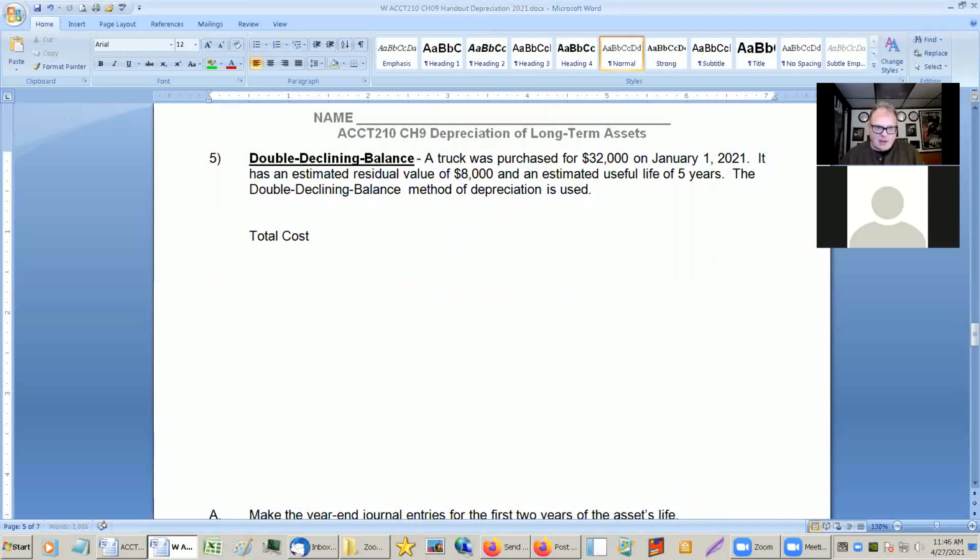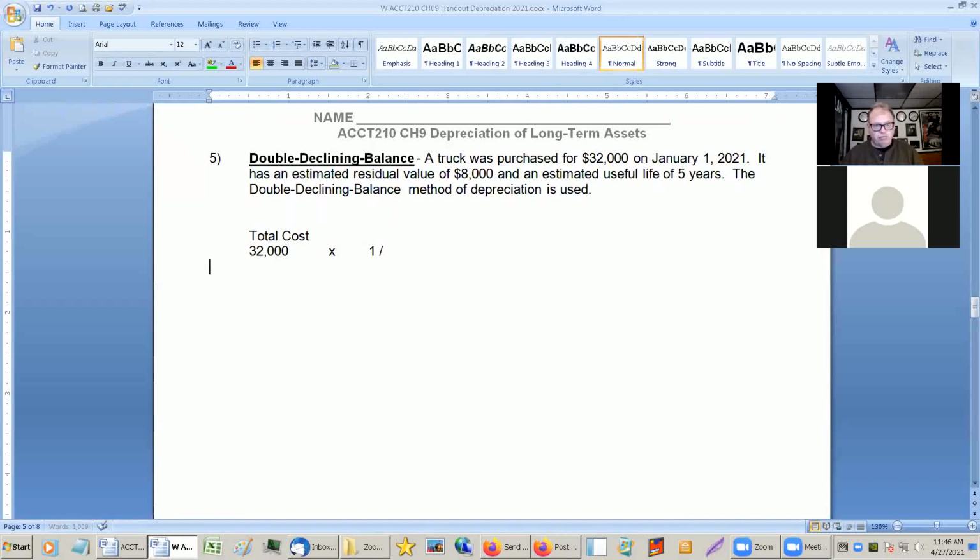You do not take out the residual value. Times one divided by 5 years.